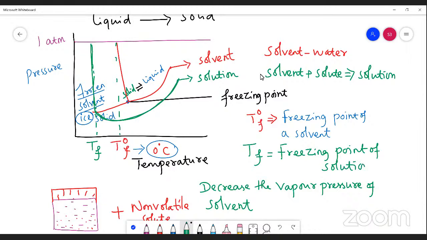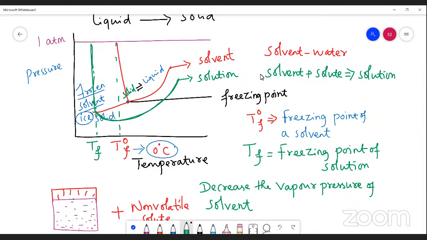So from the graph, you can infer the solvent is going to freeze at a particular temperature, 0 degree Celsius. So this is the freezing point of a solvent, the freezing point of ice. In the second graph, I am taking a solution.